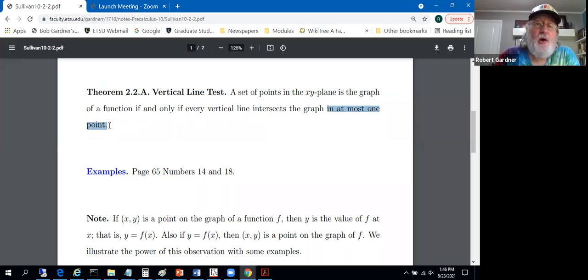So either not at all, in which case you haven't chosen an x value in the domain, so there were no points on the curve. And in the event that you do choose an x value from the domain, then there'll be exactly one y value associated with it, that y value lying in the range. So that's why the at most one.